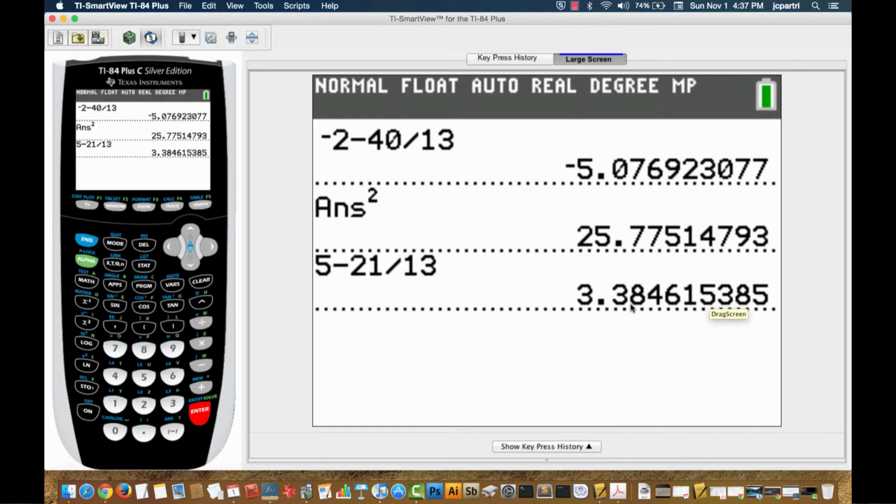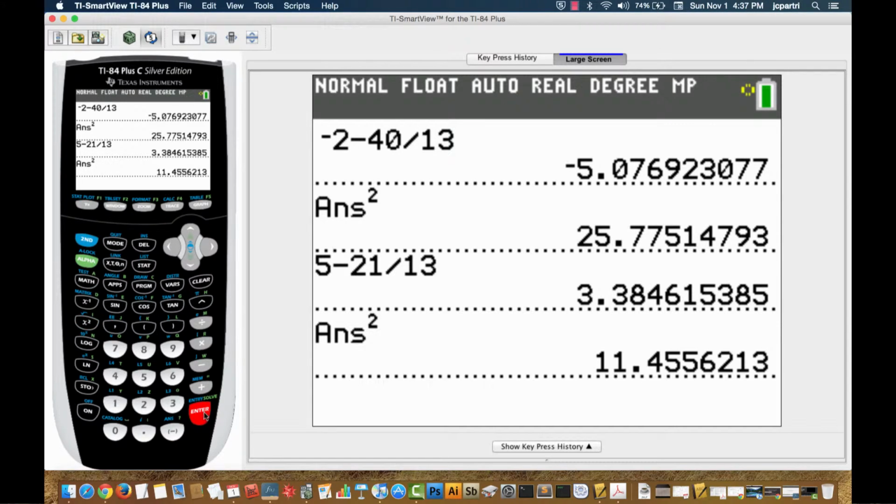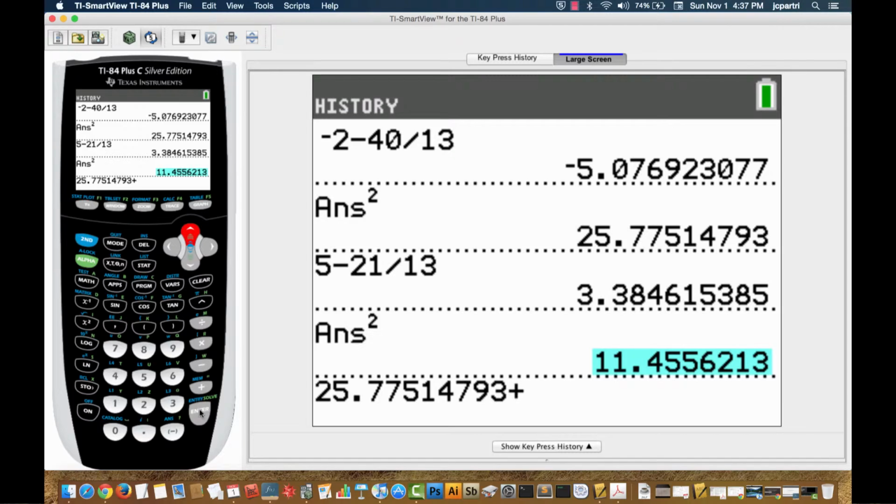Since 3.38461538 was the very last thing calculated in my calculator, that's now stored in the answer variable. So I go second answer, square key, and now I have 11.4556213. I've got to add this number to this number. My calculator makes it easy enough that I can just scroll up to what I want, type it in, and then say plus that number there.